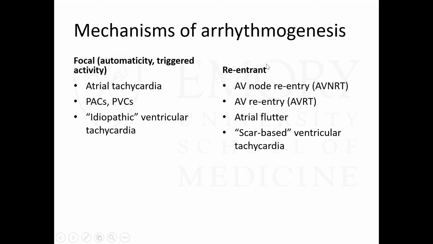Reentrant arrhythmias: AVNRT is a reentrant arrhythmia going around a slow and a fast pathway. AVRT with an accessory pathway we talked about. Atrial flutters like typical atrial flutter are reentrant. And most of the scar-based VTs, meaning VT in people who have had prior MIs, where the prior area of infarction serves as the scar, are all reentrant arrhythmias. So that's a broad categorization of arrhythmias based on putative mechanisms.